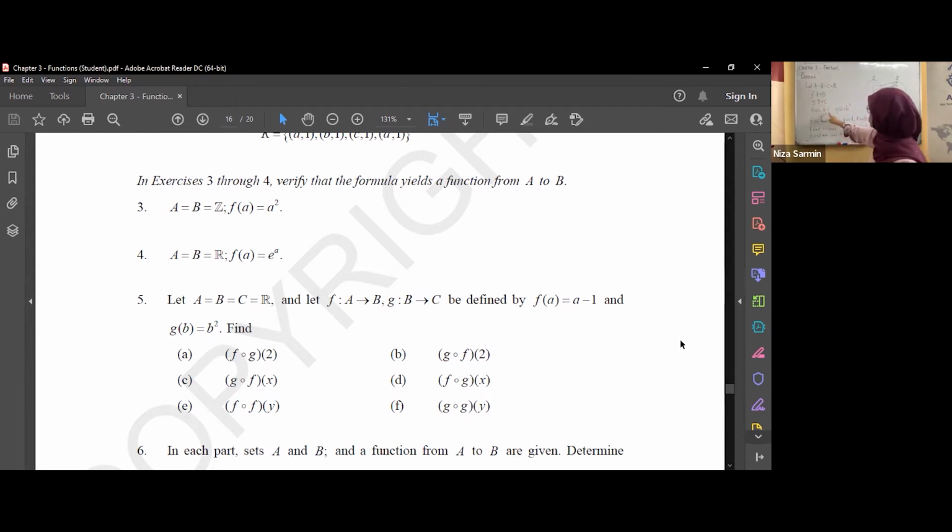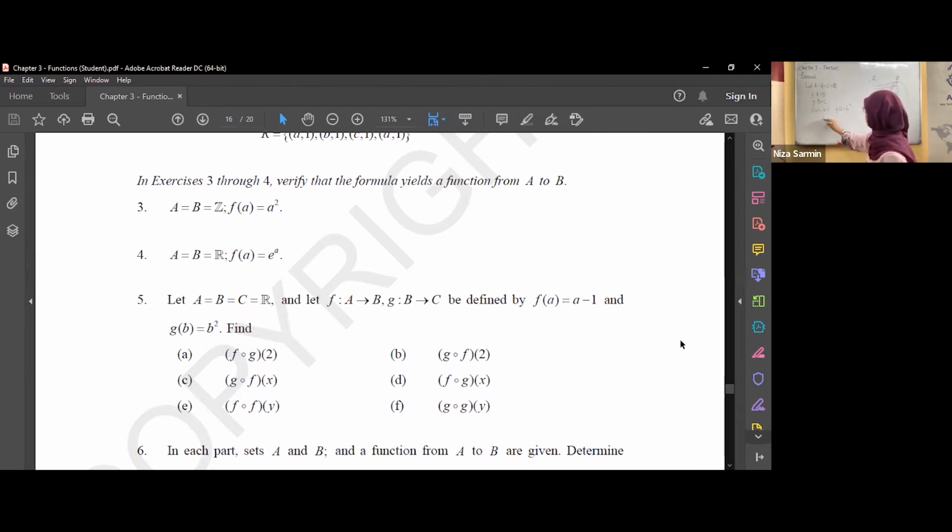f of a is a minus 1, so it's a straight line, which is one-to-one, onto and also a function. And this is b squared. Last time we already showed it's a function, but it is not one-to-one. But it doesn't matter. We will see how to find the composition of this.